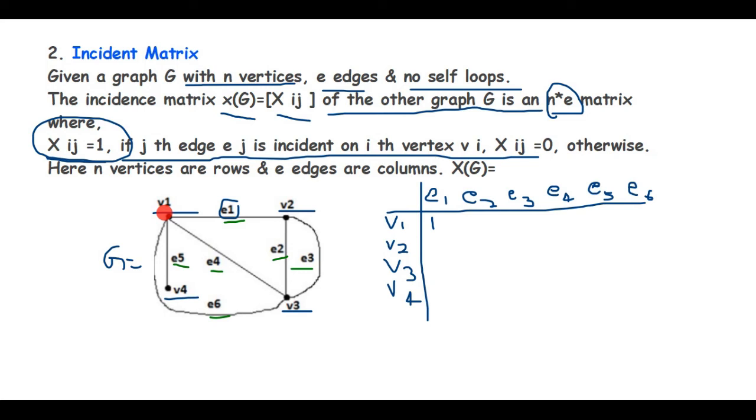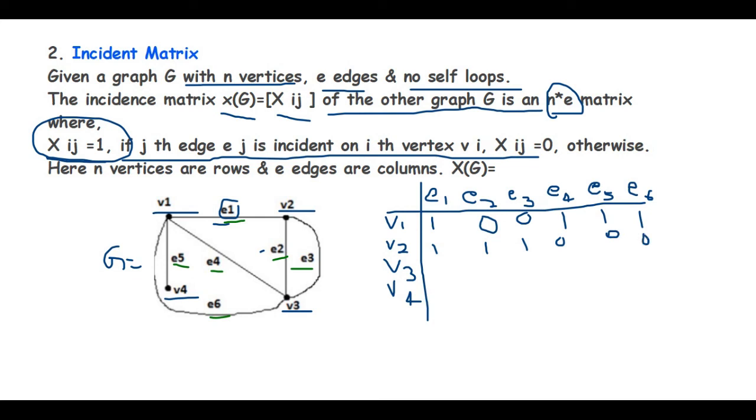If there are no other edges, then it will be 0. So for V1 we have 4 edges, that is E1, E4, E5 and E6, and the remaining will be 0. The same goes for V2, you have E1, E2 and E3. The remaining cases will be 0.